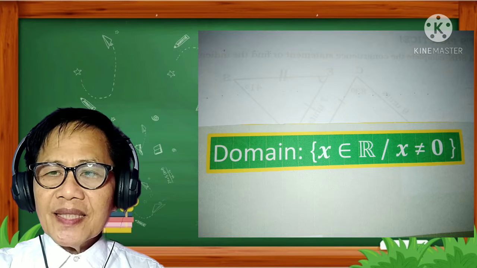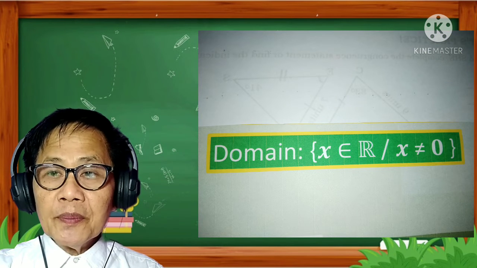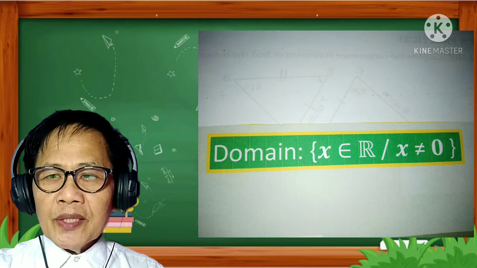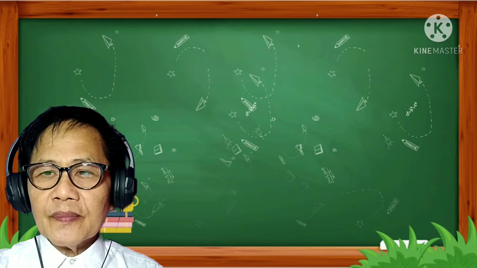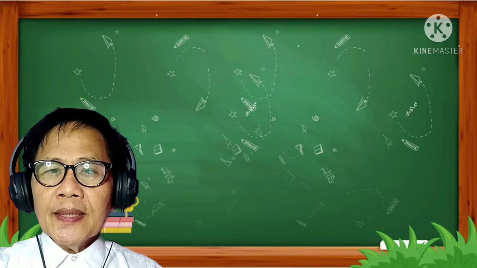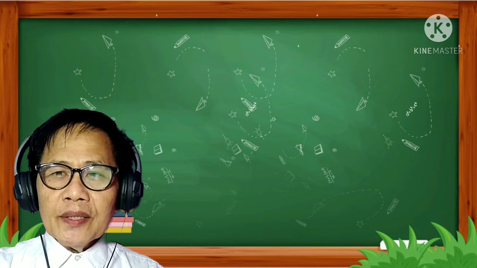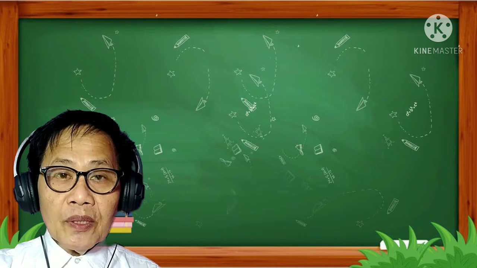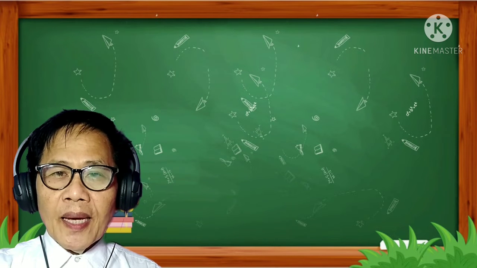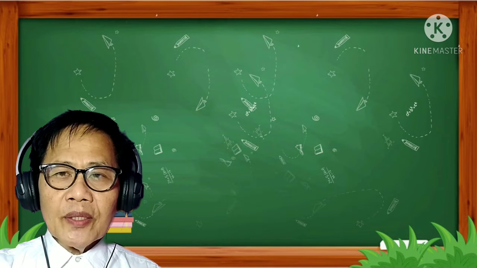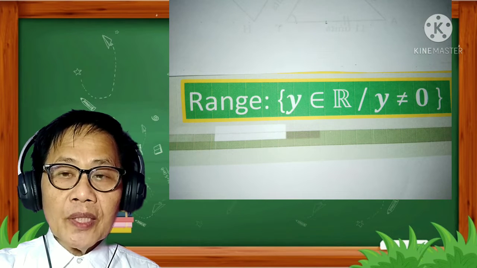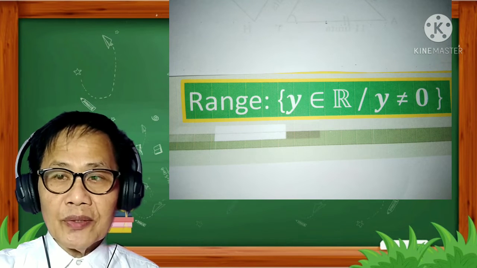Hence, the domain is the set of all numbers except 0 in set notation. Since you cannot take 0 as your input, then 0 is also not a possible output. Hence, the range is the set of all real numbers except 0 in set notation.